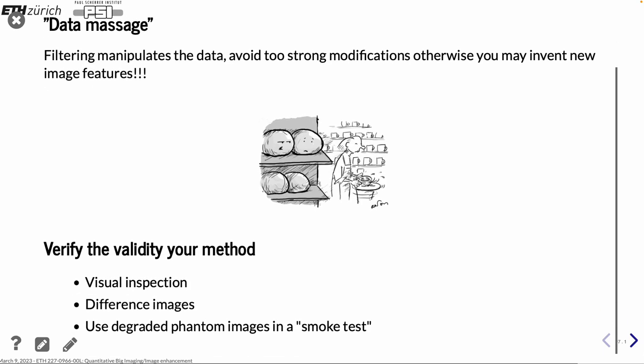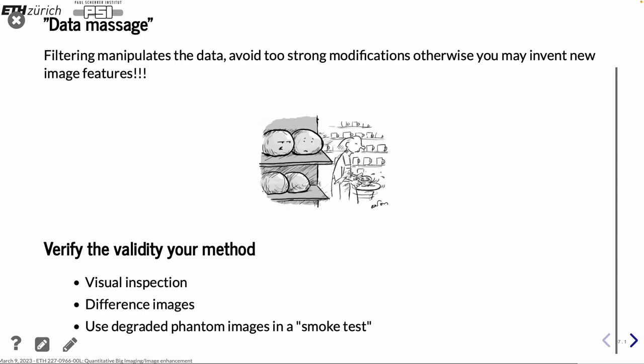So the techniques to verify the validity of your method are, first of all, look at the images. Sometimes the eye doesn't lie. Do they really make sense? The next thing is to work with differences. You can do some modification of the data and take the difference between the original and the modified, and then you see, okay, I see structures, or I don't see structures.